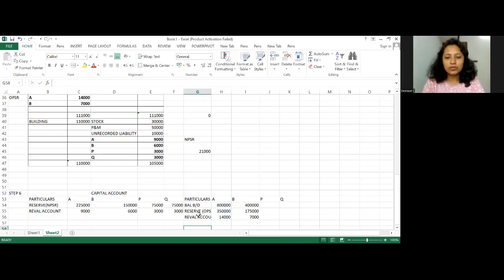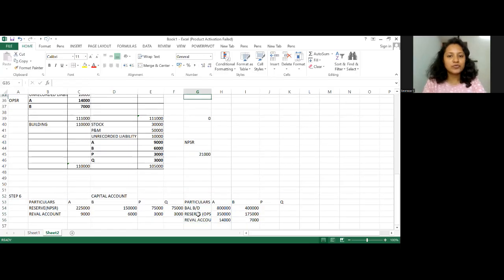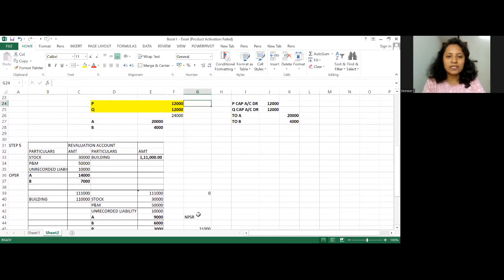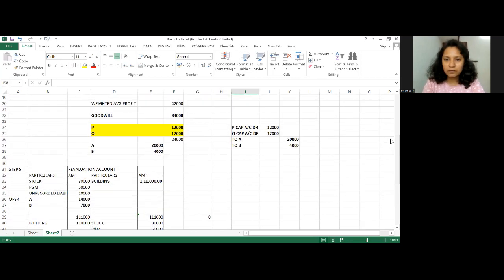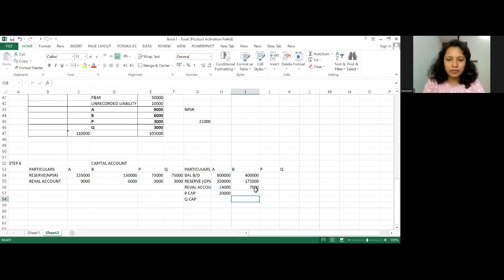Okay. Then we also needed an adjustment with respect to goodwill. So goodwill, how much was the goodwill amount? Goodwill amount was 12,000 each, which has to be brought in by P and Q, distributed to A and B in this ratio. So A account will get credited with 20,000 and B with 1,000, 2,000 each.